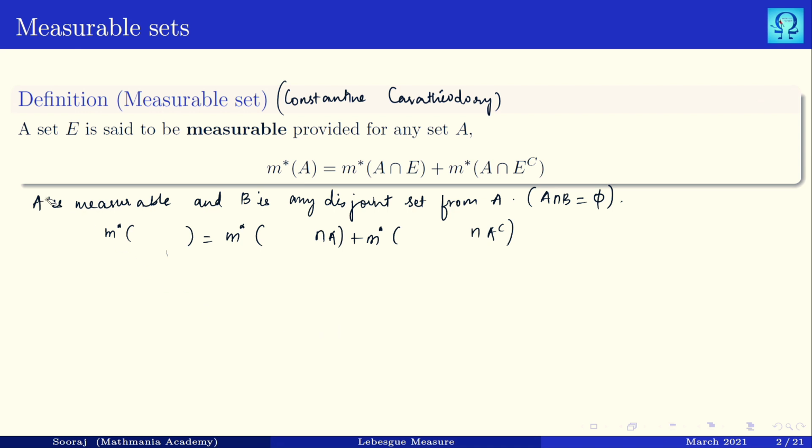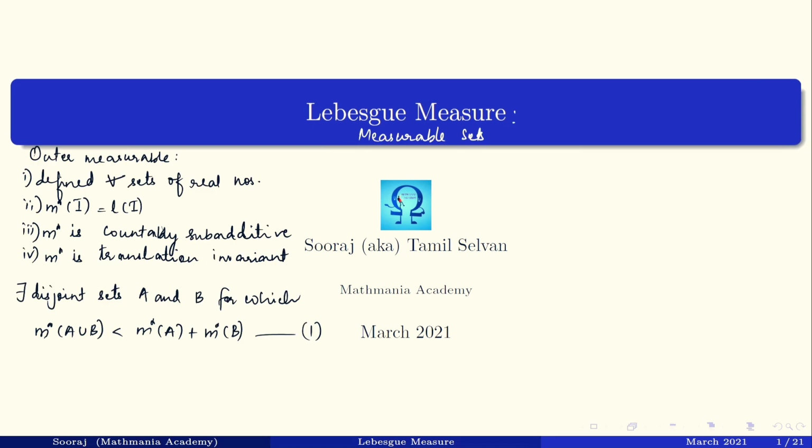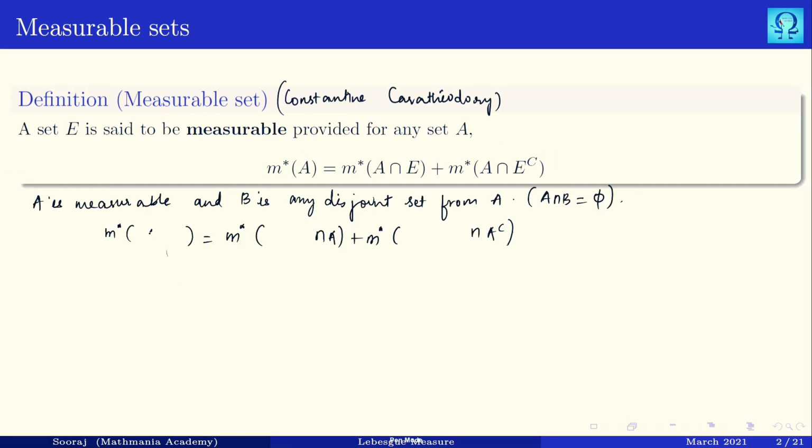So we will have to involve the sets A and B inside it, and in the place of any set we are going to take A union B. By the definition, this equality holds true for any set, so there is no issue in taking A union B.